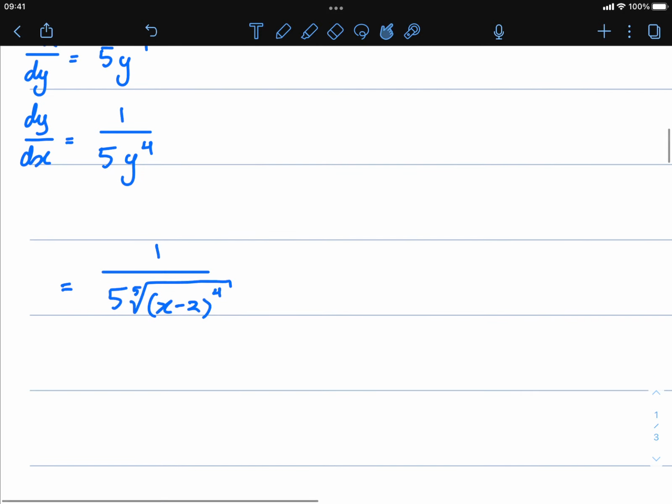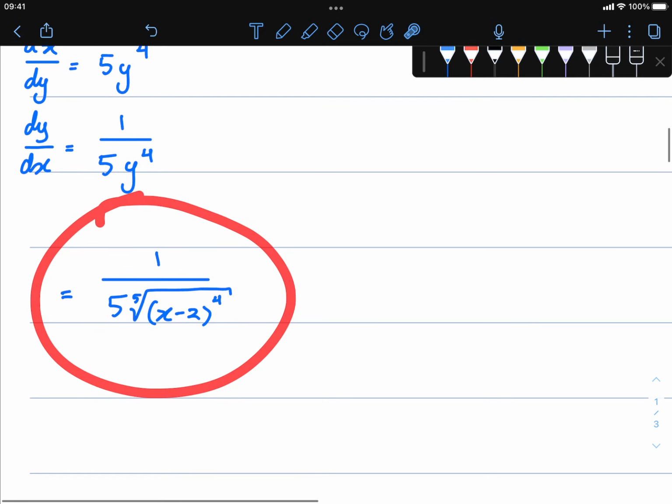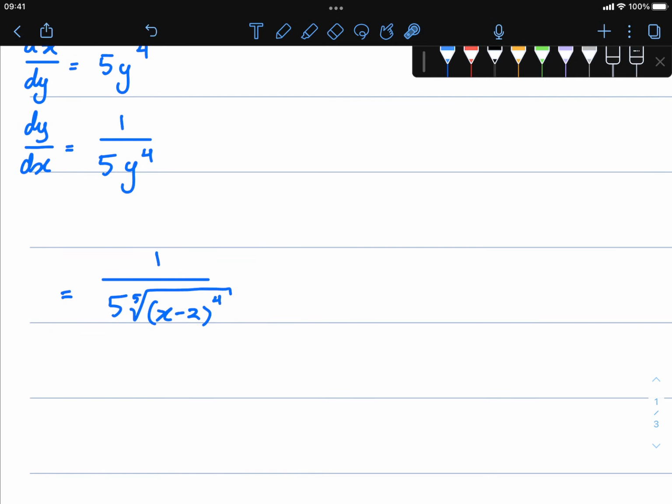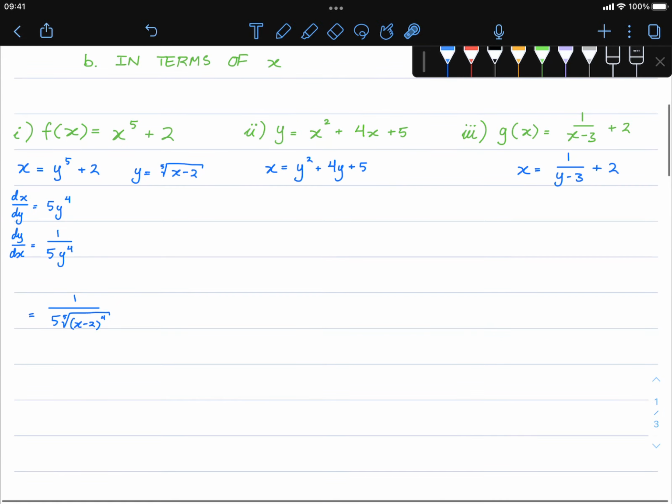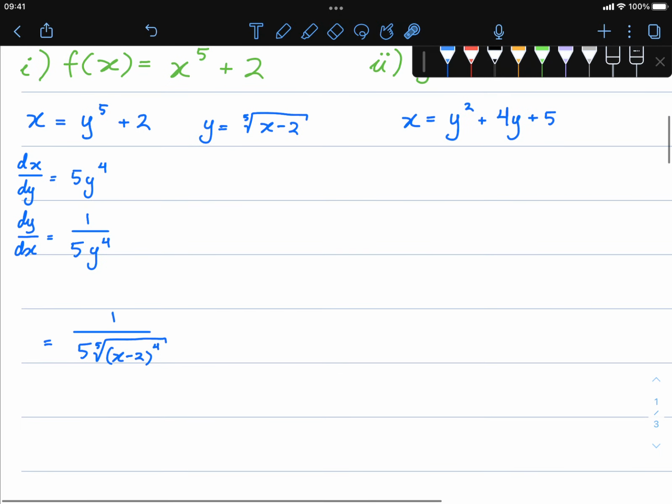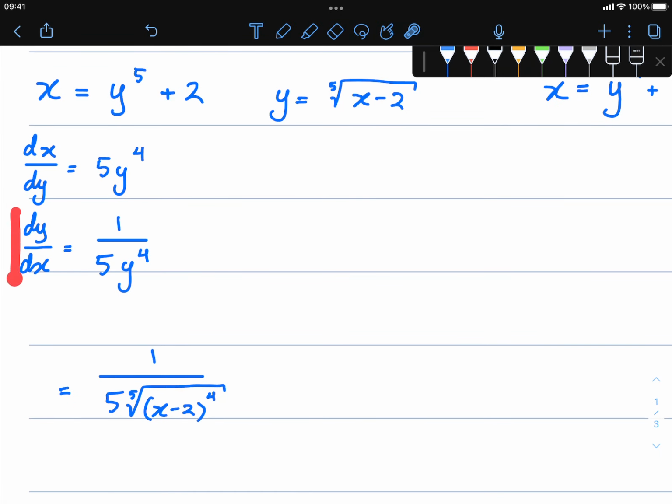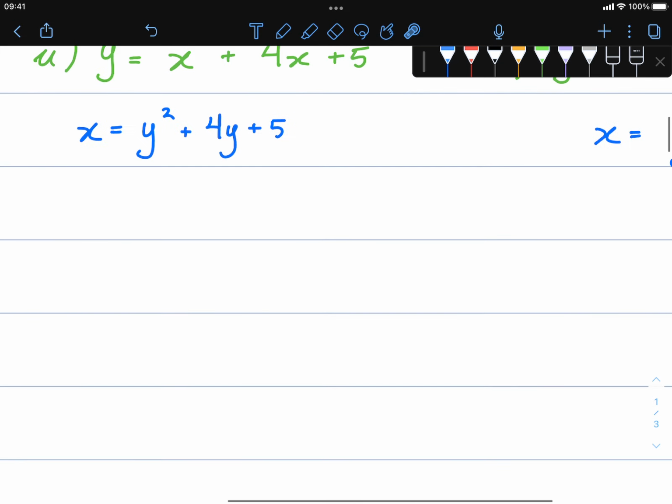So as you can see, it's actually the exact same as we saw in the previous examples. Okay, so it's as simple as that. So we can find dy and dx by simply taking the reciprocal of dx on dy. Now you'll see the usefulness of this later on, but for now let's just continue with the example here.